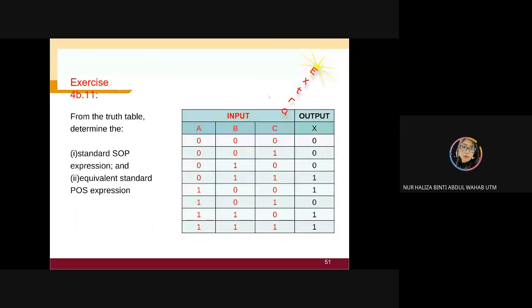Okay. If you were given the table here, just now I already repeated several times. The question asks you, from the truth table, find the standard SOP. Second, find the POS. So you do it one by one. For SOP, A equal to 1, A bar equal to 0, B equal to 1, B bar equal to 0, C equal to 1, C bar equal to 0.